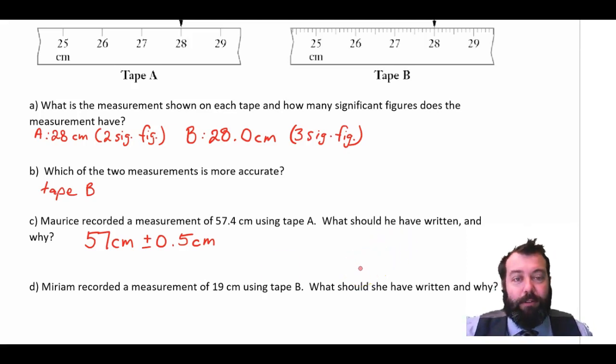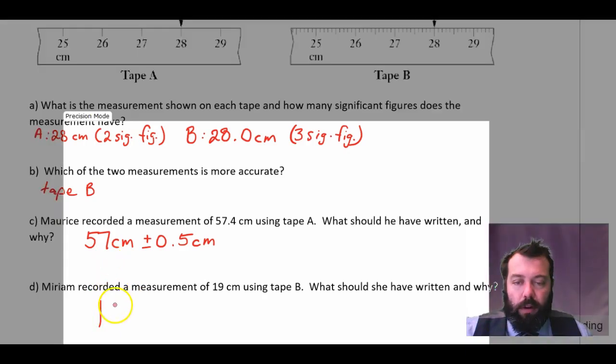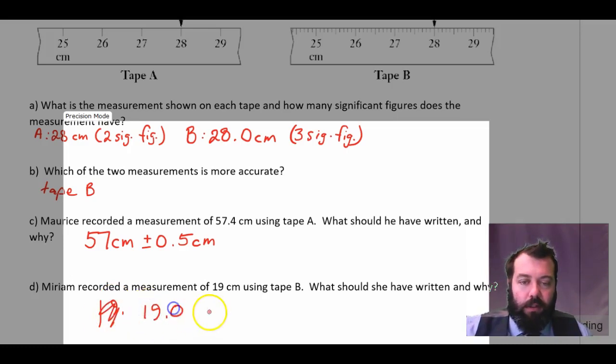Now, Miriam records a measurement of 19 centimetres using tape B. Well, it's a bit like this part here, where we said because we can, we should. So it wouldn't be 19, it would be 19.0. Same value, different accuracy. I'm going to have to come to the eraser, hang on.